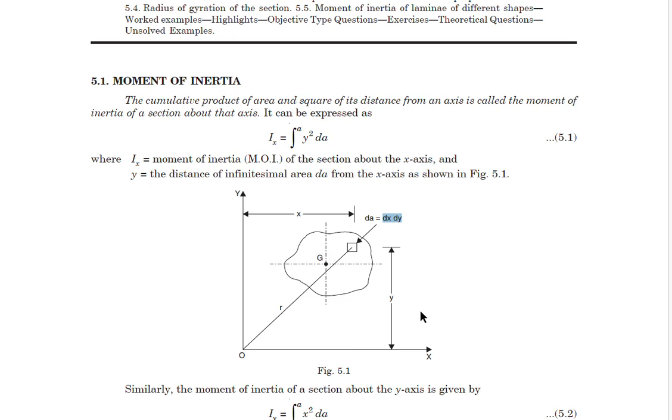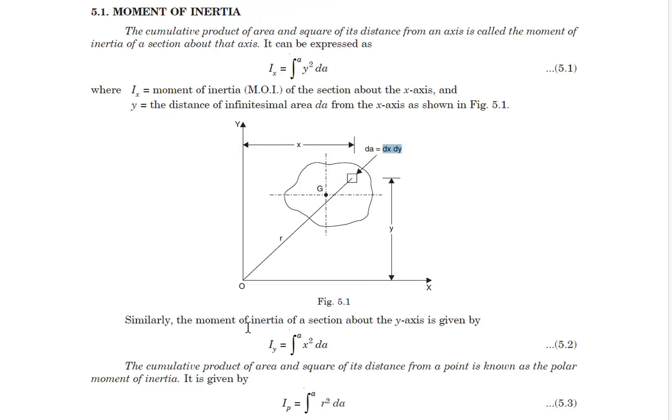And if we integrate this over the domain, that means over the whole of the area, that you are seeing, an arbitrary area over here, we'll find the total moment of inertia about this x-axis.